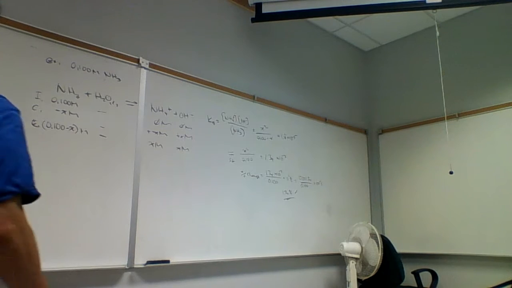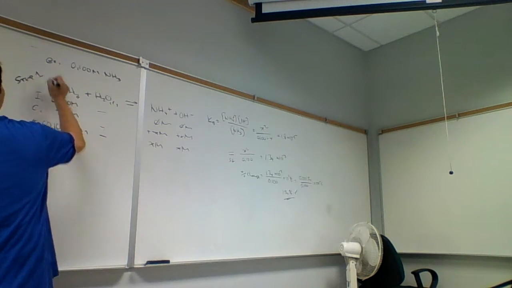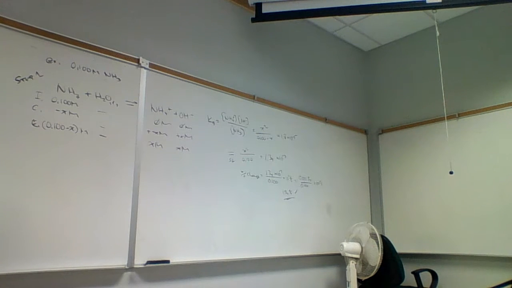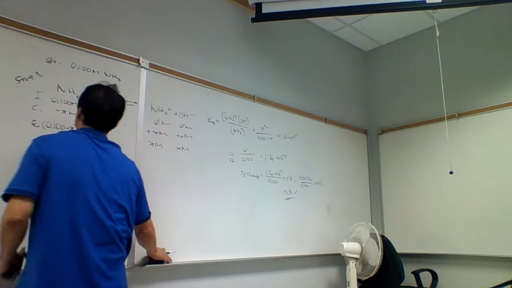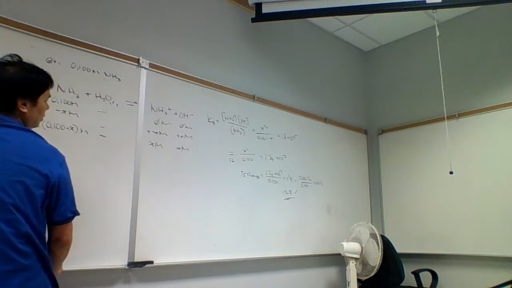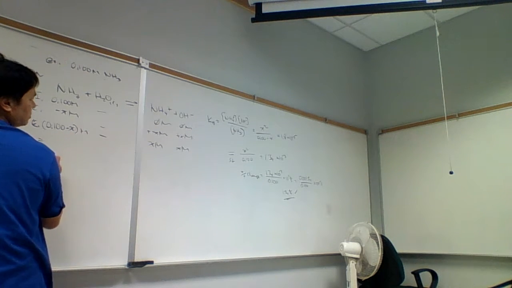All right, so this is a base in water, but we call this step 1 because there's another step. If we have water present, there's something else that's going to contribute hydroxide to that, and that something else would be water autoionization. And so let's go ahead and calculate these concentrations here.